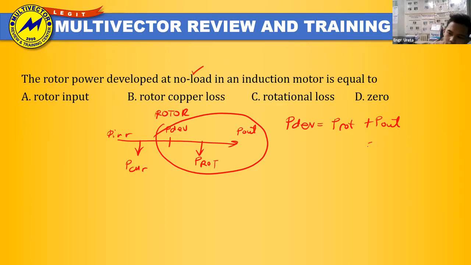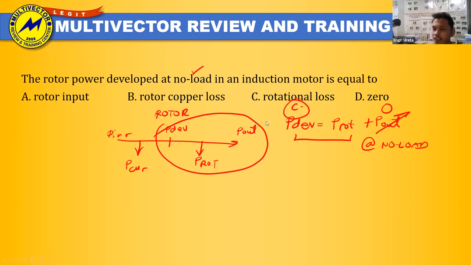At no load, sir, our output is 0, because we have no load there. Therefore, during no load, the power developed is just equal to P rot, which is the rotational losses. So that is our problem number 39.